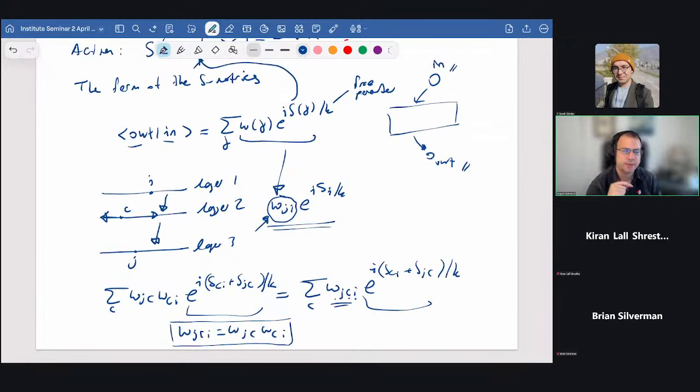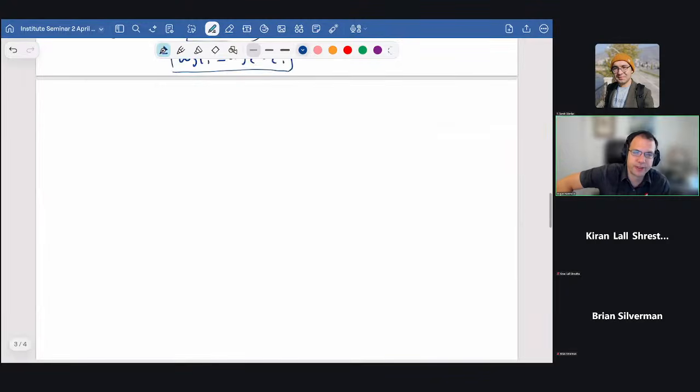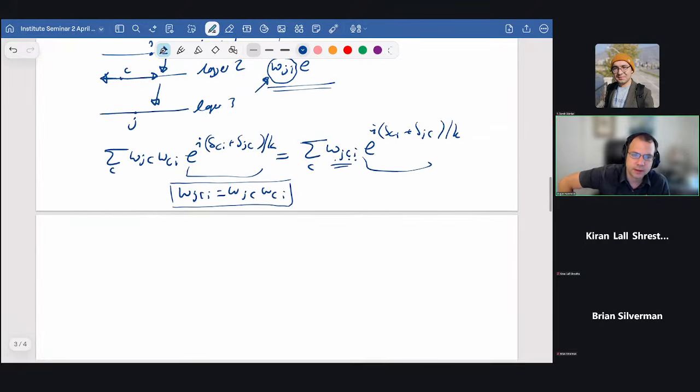Yeah. So this exponential to the I, that's different. That's the imaginary phase. D I here and that one, yeah, they're different.